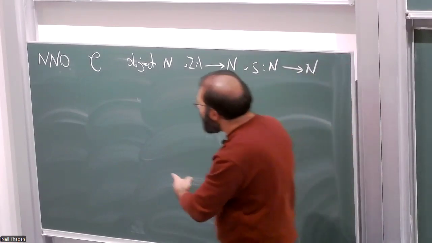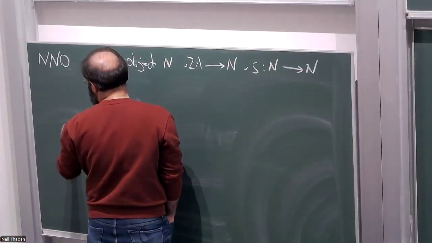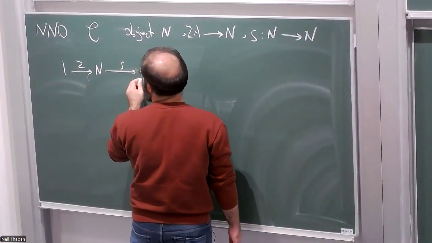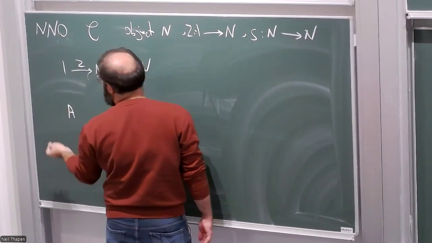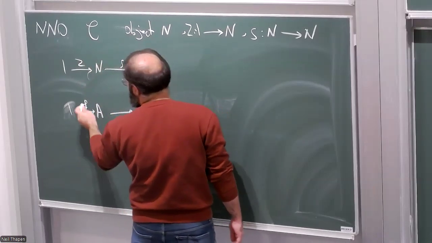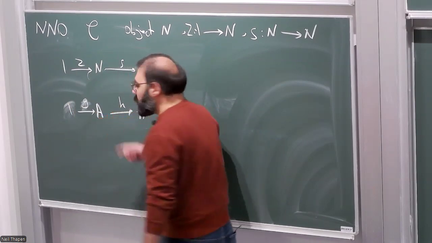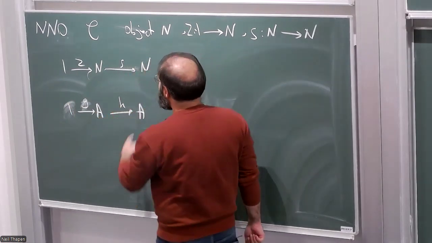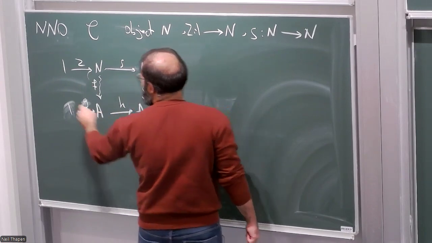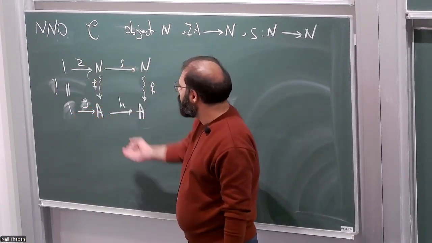The whole data is called NNO when it is universal with this property, with this structure, meaning that if you start with this 1, this z, this N, this successor, this N, and you pick any A, with maps g from 1 to A and h from A to A, so the similar structure with another A, then this is initial, meaning that there is a unique map f such that you get the commutativity.